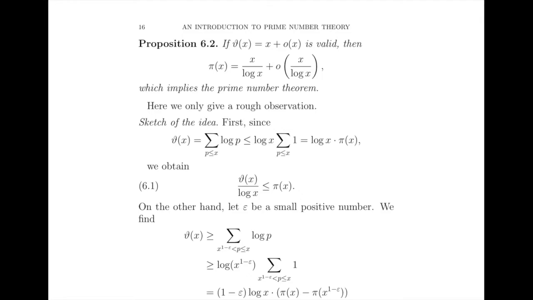If theta(x) is x plus small o(x), that is, if theta(x) is asymptotically equal to x, then pi(x) is asymptotically equal to x over log x.